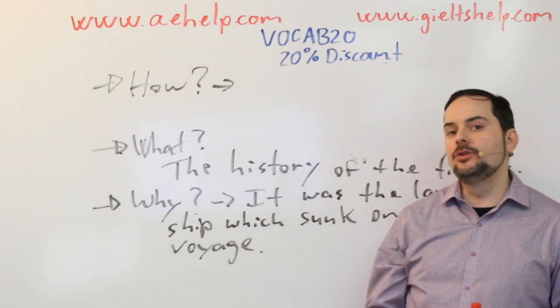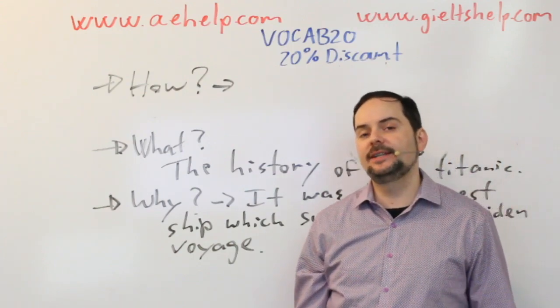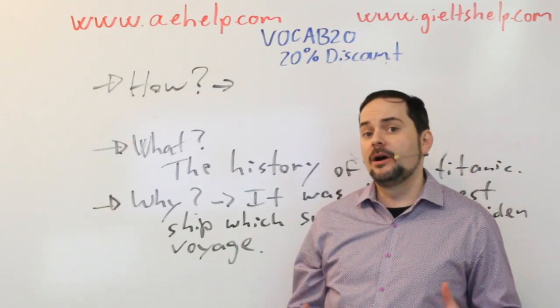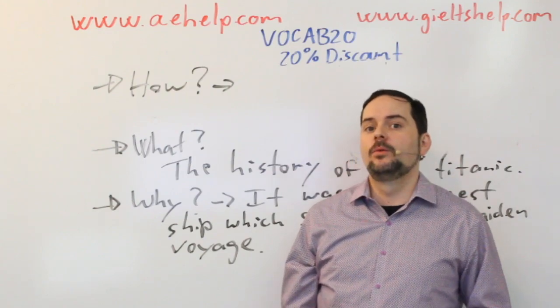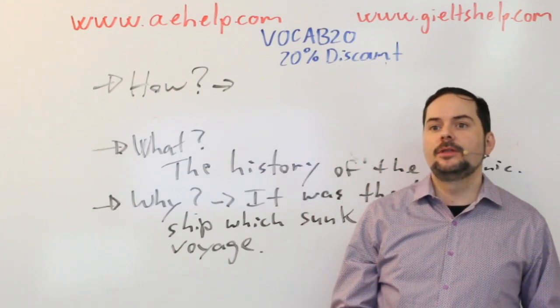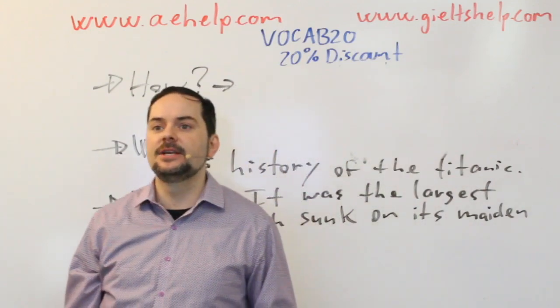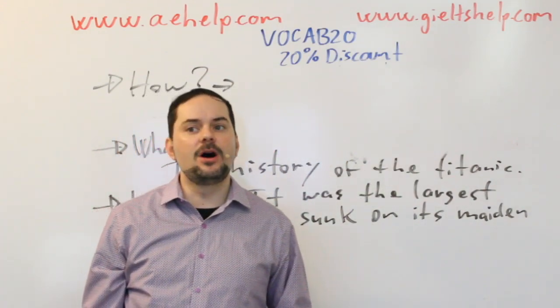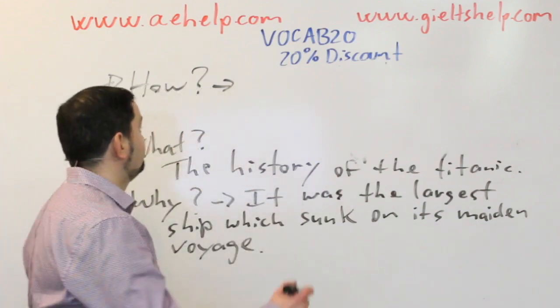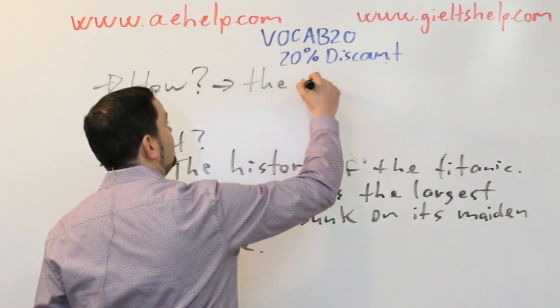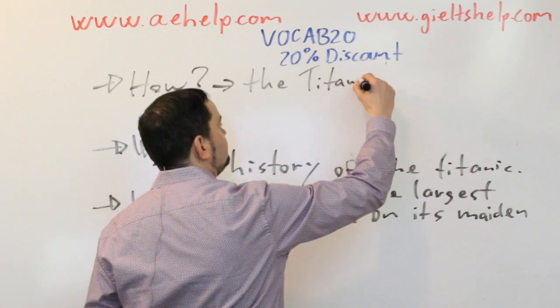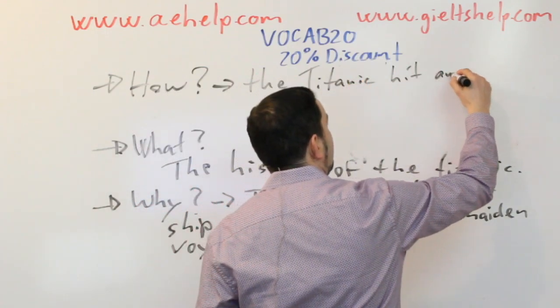Okay? Anybody know some information about the Titanic? So, anybody know how big it was and what actually happened to the Titanic? All right, great. Tanuj and Max says it hit an iceberg. Yeah, not a rock. It hit an iceberg. So the Titanic hit an iceberg.